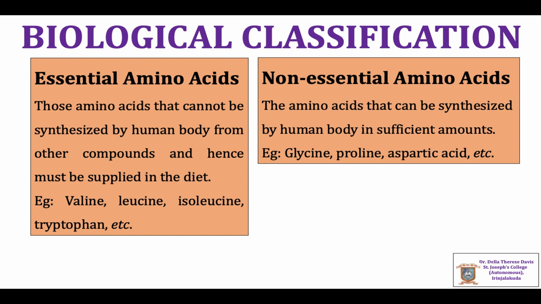Example valine, leucine, isoleucine, tryptophan, etc. Non-essential amino acids can be synthesized by the human body in sufficient amounts. Examples include glycine, proline, aspartic acid, etc.